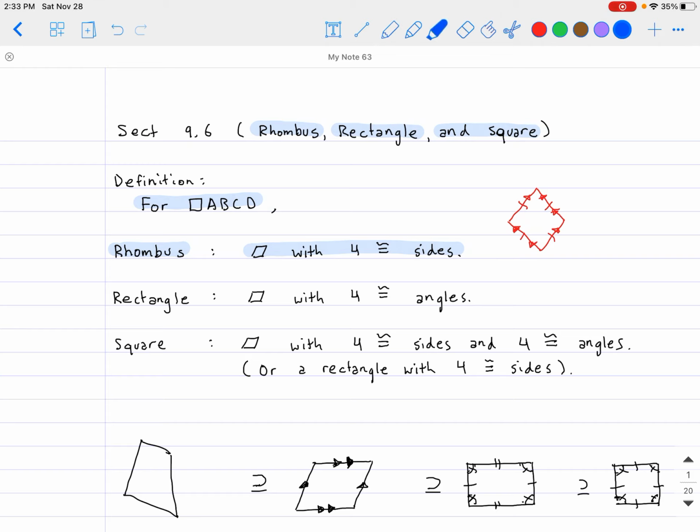The next item is a rectangle, which is defined as also a parallelogram, but this time with four angles that are congruent to each other. Here, as an illustration, you can see that this would be defined as a rectangle. These two sides are parallel to each other, and these two are parallel to each other. The one thing that's kind of weird is that they didn't actually say that the rectangle has four right angles, because technically that's what they are.